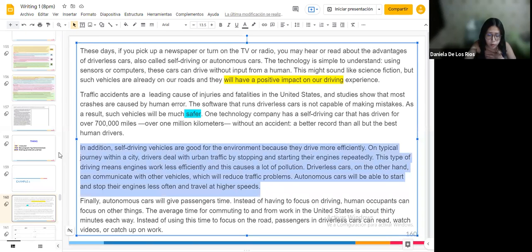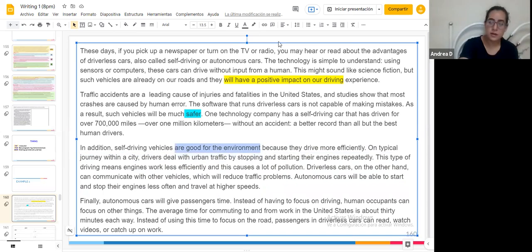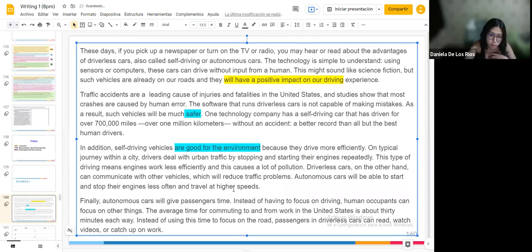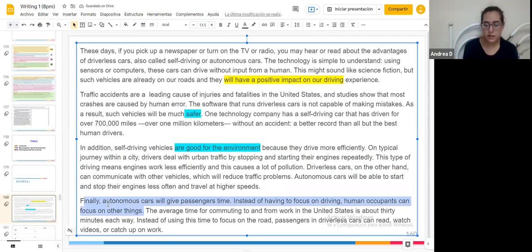It's good for the environment. Great, they're good for the environment. Okay. And what about the third, the final one? Why else?